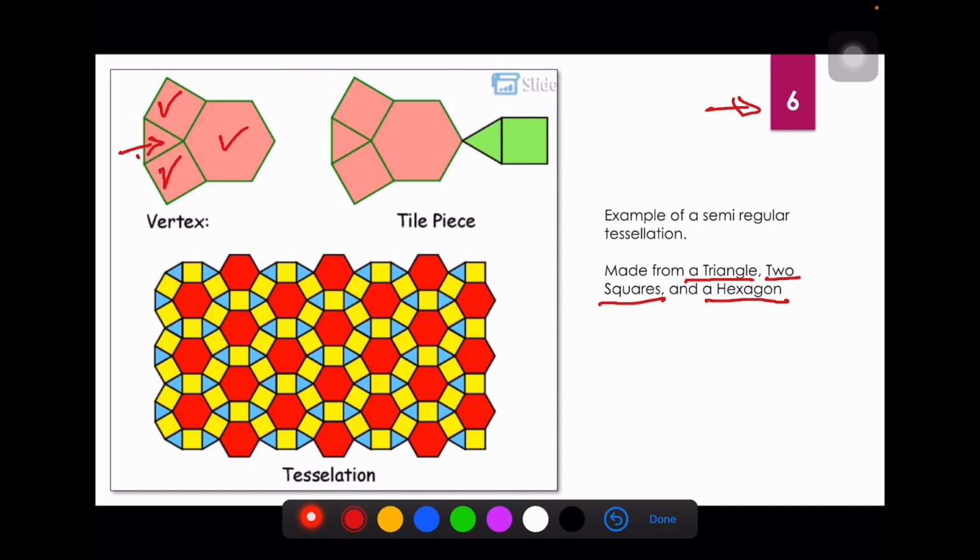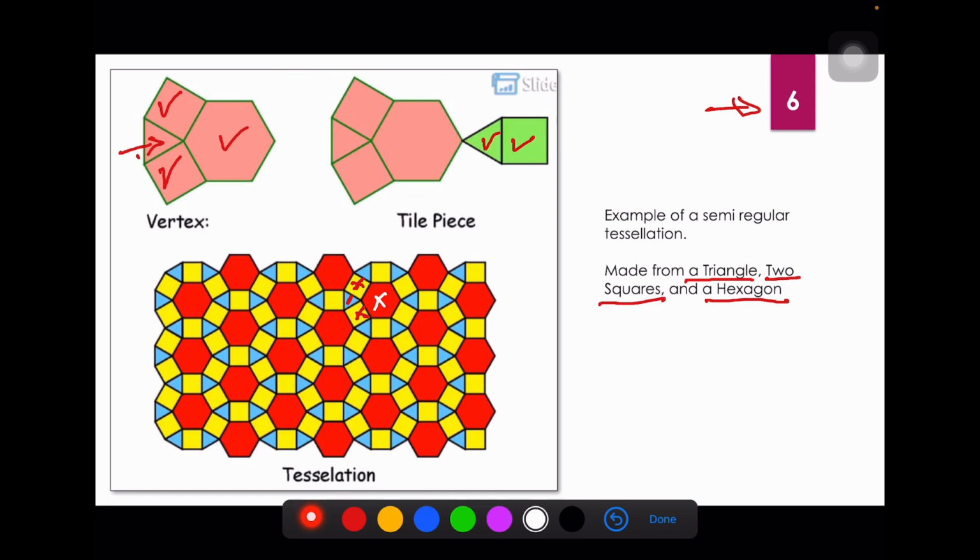And then you can add one more triangle over here and a square, and then you can see it here. This is a triangle, then this is the square, and this is the hexagon.